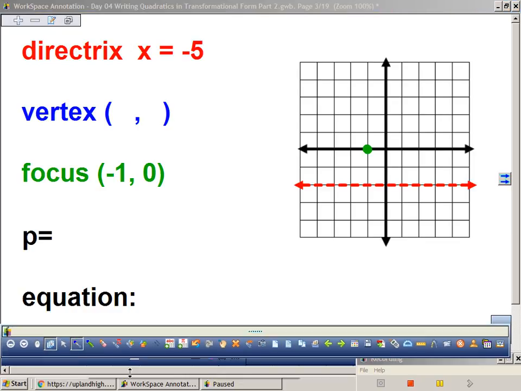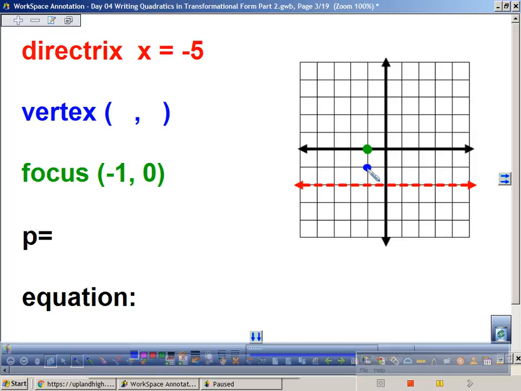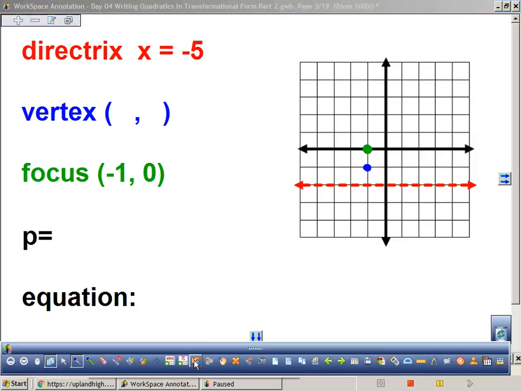I just want to reiterate that our focus and our Directrix, the vertex goes in between them. Okay? Always in between. So the blue dot's going to go in between. So that being said, let me put my Directrix back this way. So instead of my Directrix being y equals, it's now x equals.